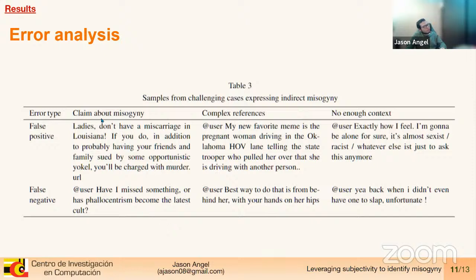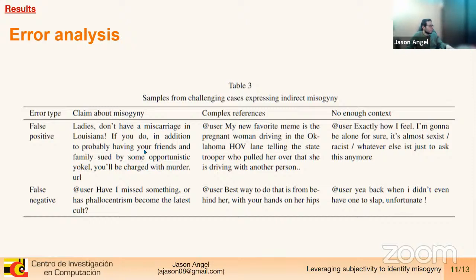So we have here, for example, a claim about misogyny. In this category, the text is about misogyny, but the system wrongly classifies what is happening. Probably here because of the term miscarriage, which is related to abortion. It also mentions some other words, like for example, opportunistic job.